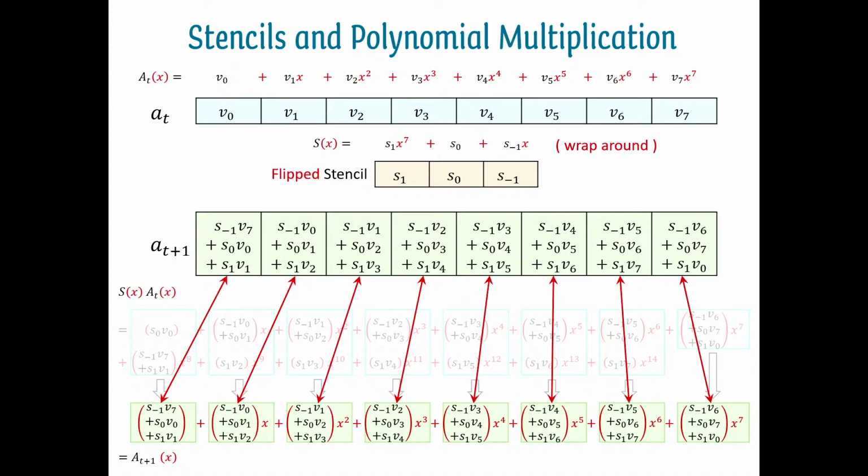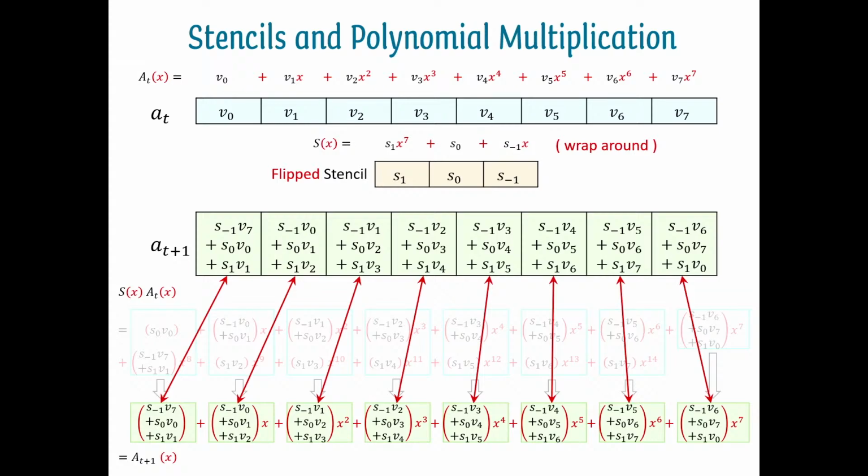The polynomial from the input grid uses the input values as coefficients, with degree bound n. From the stencil, you put the stencil weights as coefficients of another polynomial. If you multiply those two polynomials and restrict the grid size to n, because of the periodicity of FFT itself, you will end up getting a periodic output. That is applying one time step.